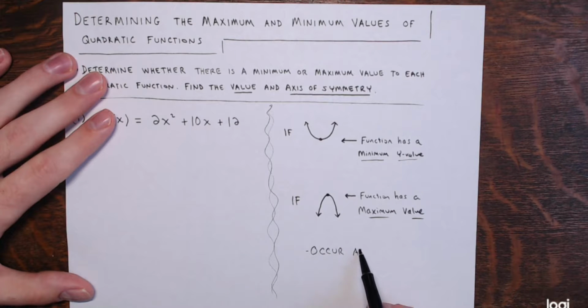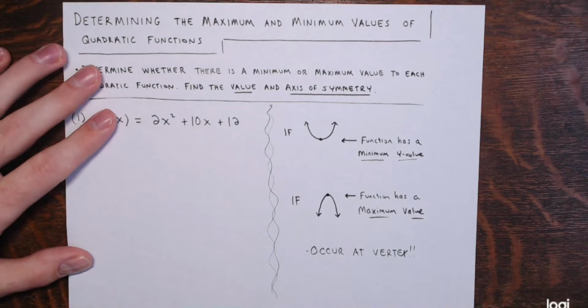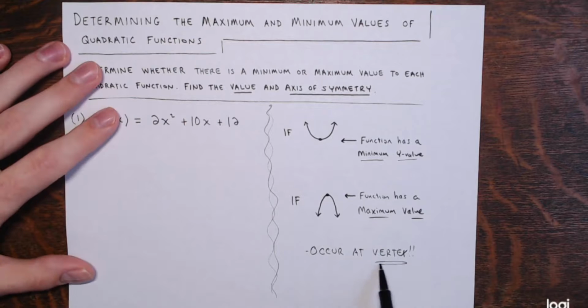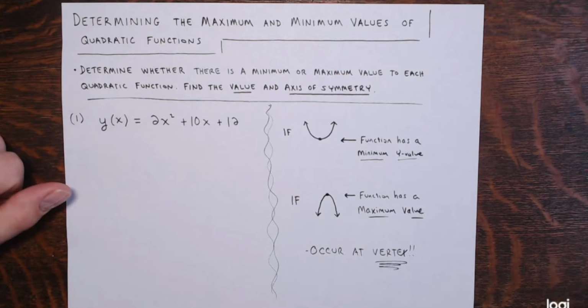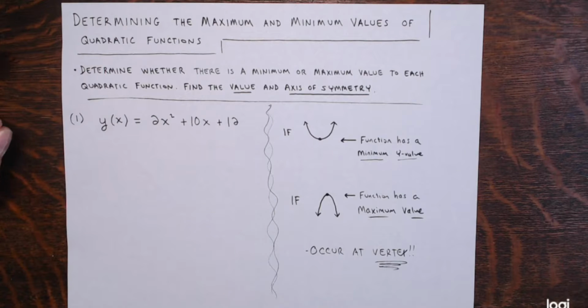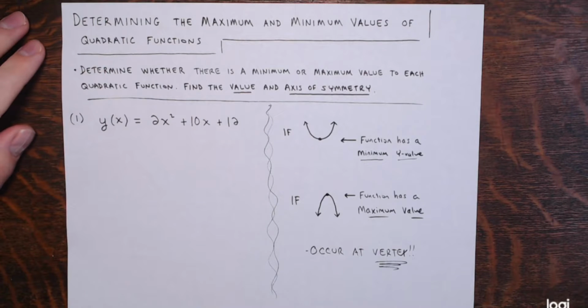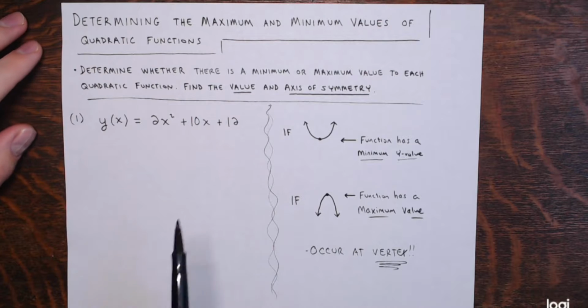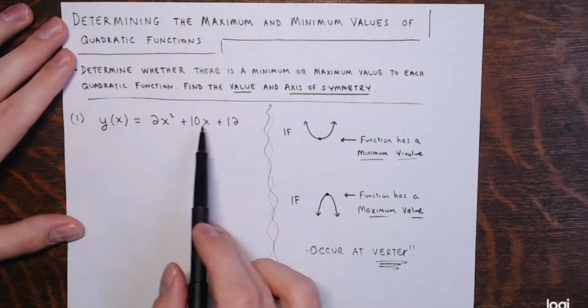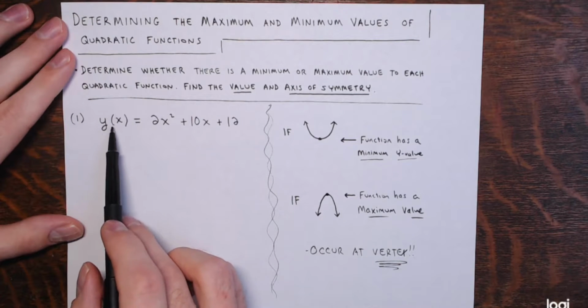So the key to all these problems is going to be finding the vertex of the quadratic function, the vertex of the parabola, which, based on previous videos I've gone over, you should know how to do by now. Here we're given, in example 1, y of x equals 2x squared plus 10x plus 12.